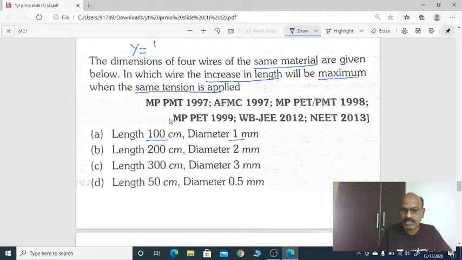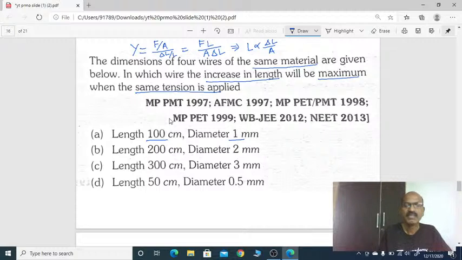Stress is force acting per unit area. By strain, we know strain is increase in length by original length. That we can write, F, this L will come up, FL by A into delta L. Here you can see that this L is proportional to delta L by A. Correct?